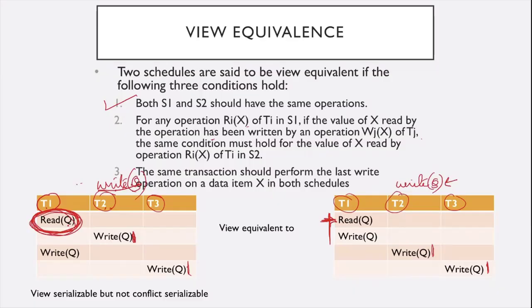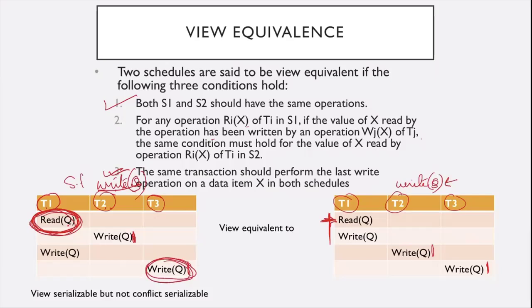And the third condition is the same transaction should perform the last write on the data item X in both schedules. Now, which transaction is doing the final write in schedule S1? It is this transaction T3.